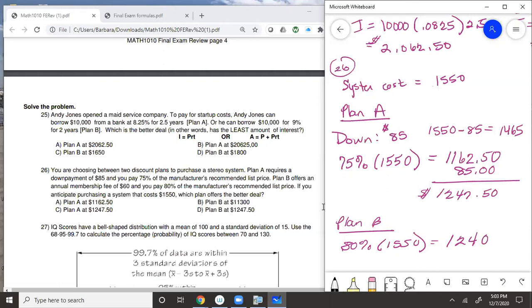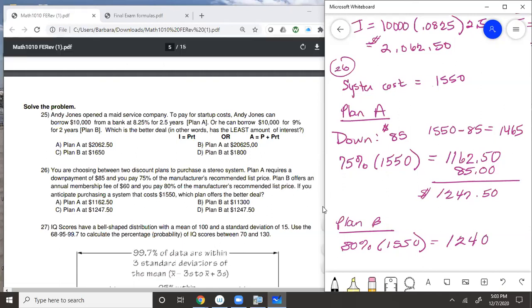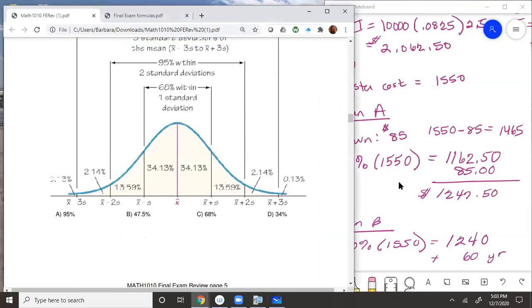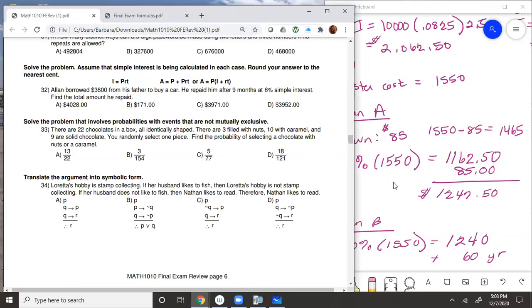Plus you have to pay $60 a year, right? So you're paying at least $1,300 for Plan B. So it looks like Plan A at $1247.50, the answer is C for 26. Okay.